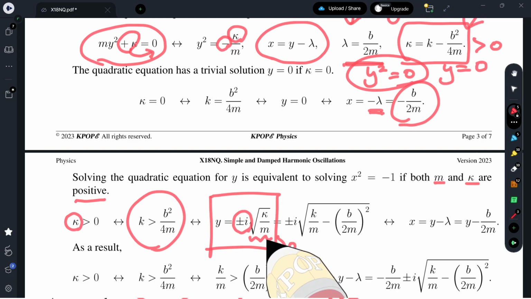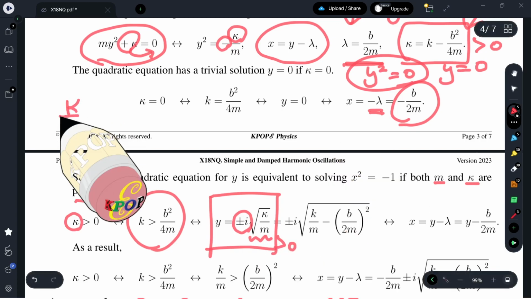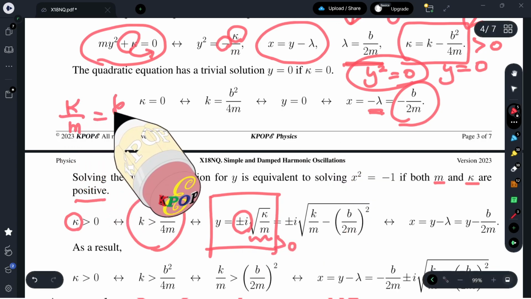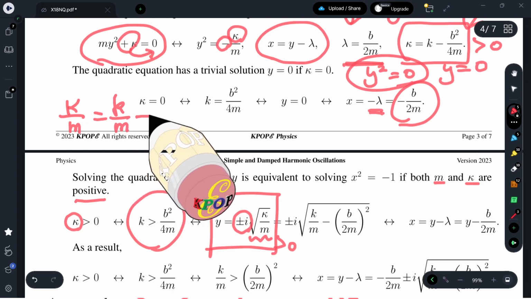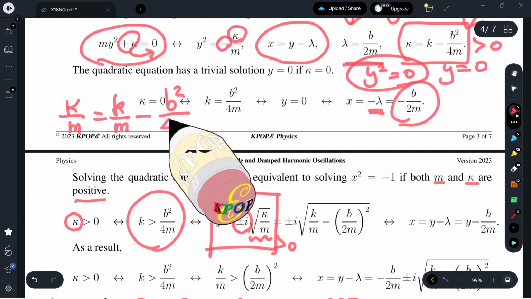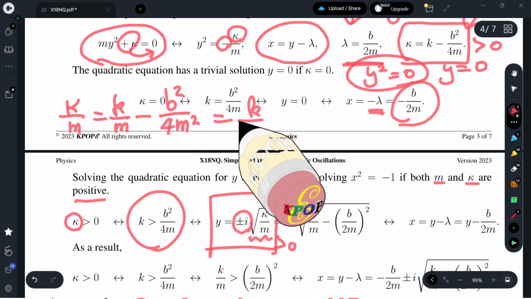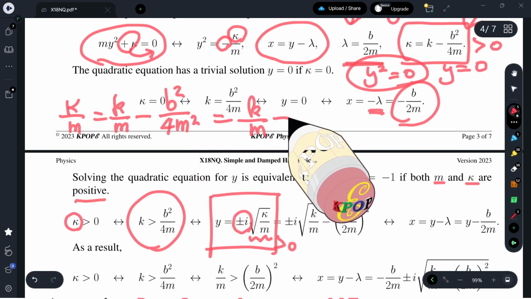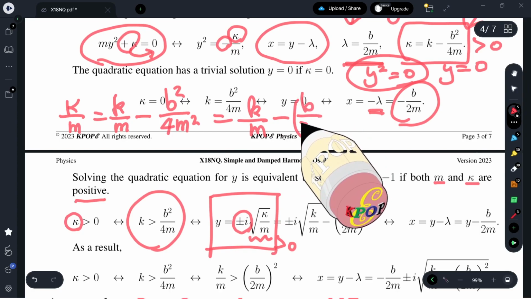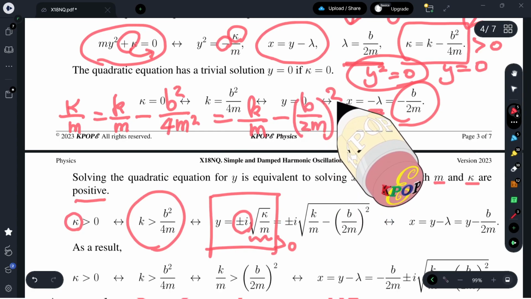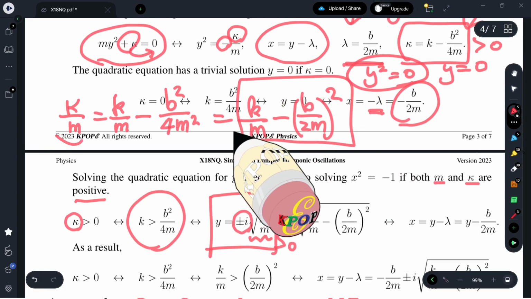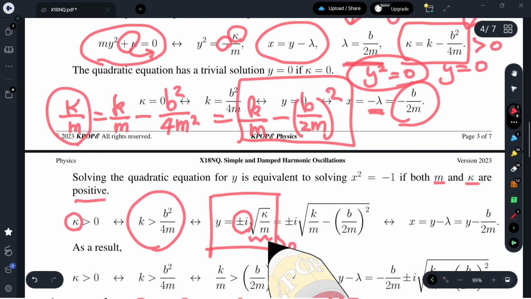Okay, so kappa over m equals k over m minus b squared over 4m squared. That is k over m subtracted by the square of b over 2m. Aha! This is kappa over m.